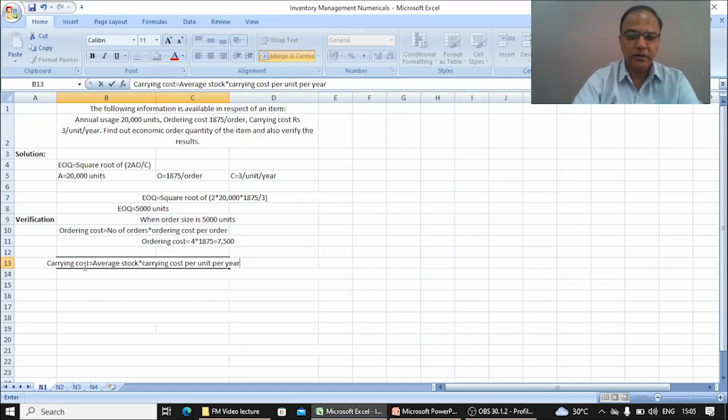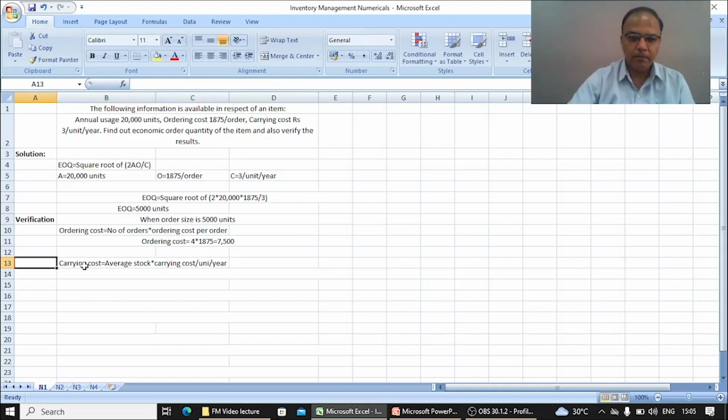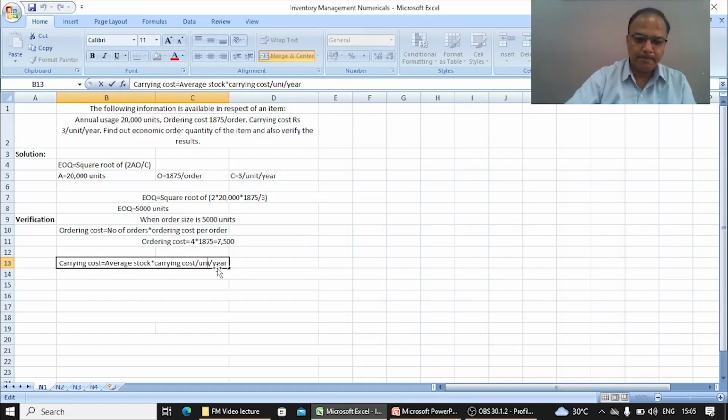Per unit, you can write in this way also, carrying cost per unit per year.